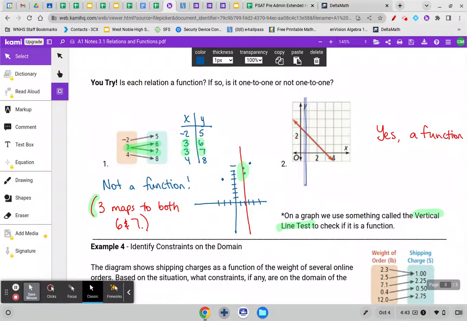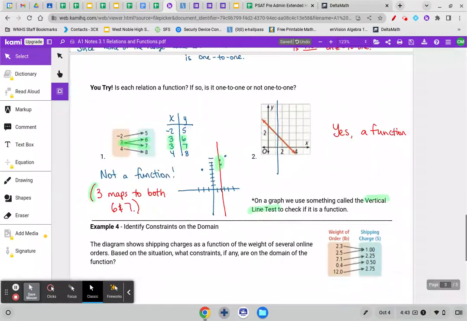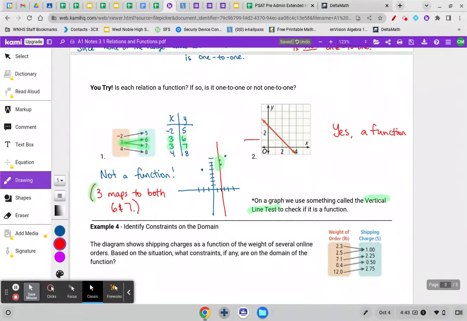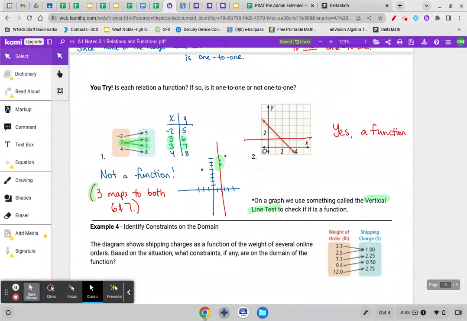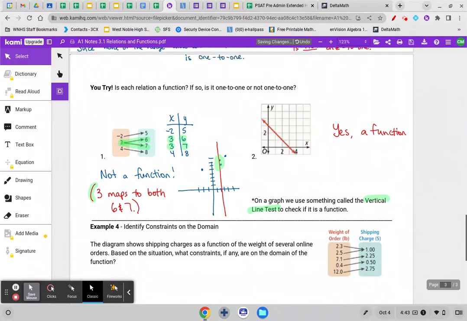Then you can check the horizontal line test to see if it is one-to-one or not. If it passes the horizontal line test, then it is considered one-to-one. So it is one-to-one.